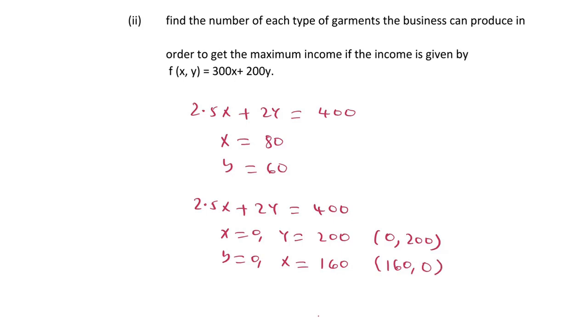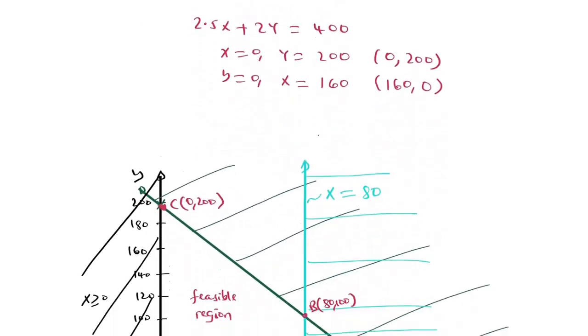Next we are going to draw the x and y axis. We are going to assign the scales in order to shade the negative region. Then we are going to draw the line 2.5x plus 2y equals 400, and then shade the unrequired region based on the inequality. And then we are going to draw the line x equals 80 and the line y equals 60, and also shade the unrequired region. Then our final drawing is going to be like this.